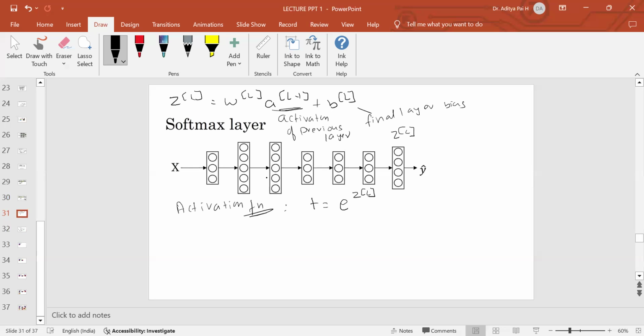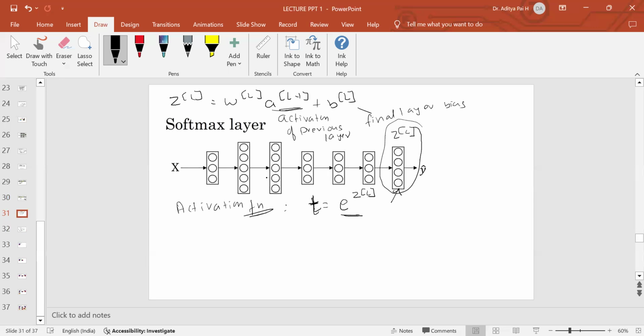So for this final layer z of l, when we apply the activation function, which is e to the power of z of l, it is equal to t.